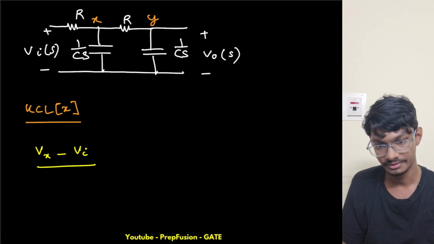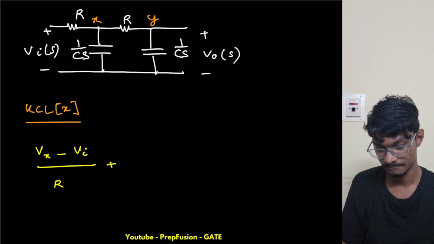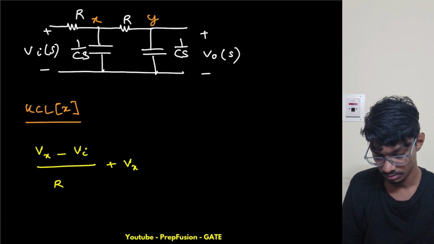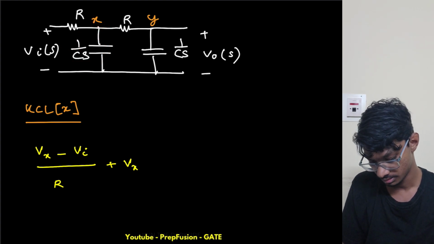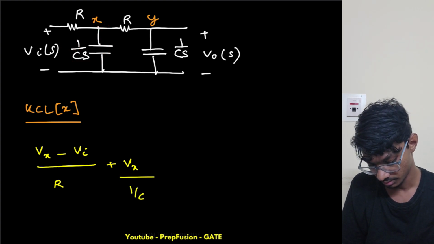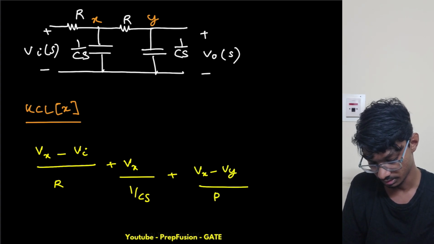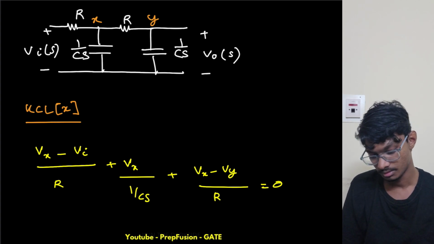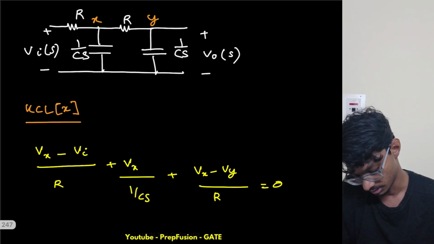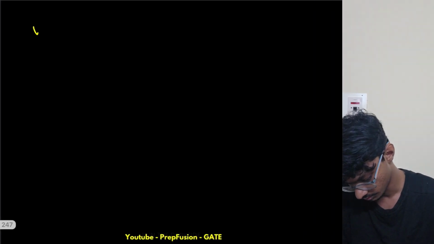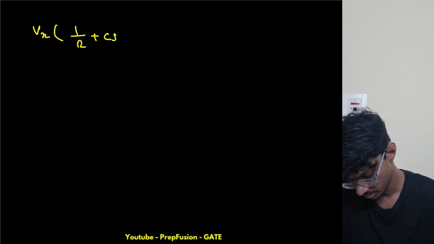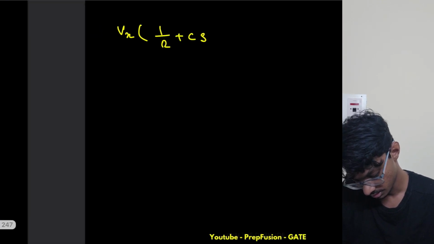So (Vx minus Vi) by R. Now what is this, right? It is Vx by 1 by Cs, plus (Vx minus Vy) by R equals 0, okay? Let me rearrange this. So Vx, I take common, 1 by R plus Cs. Is there any other term of Vx?